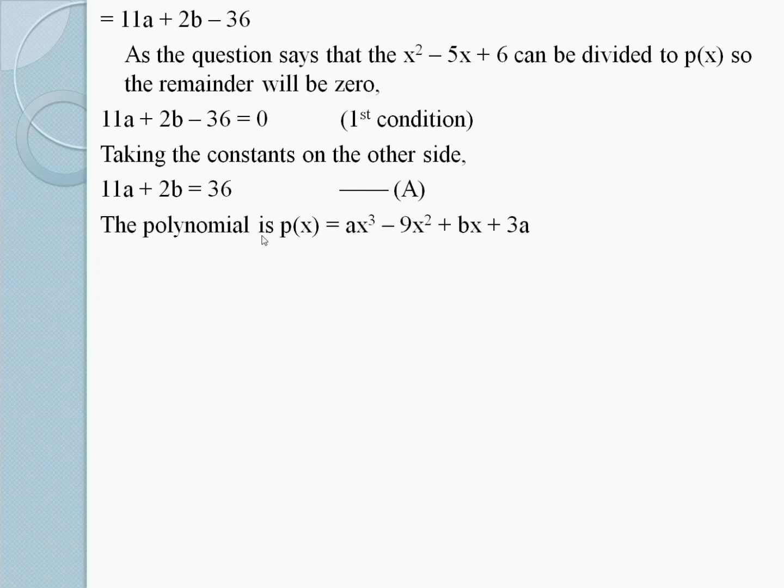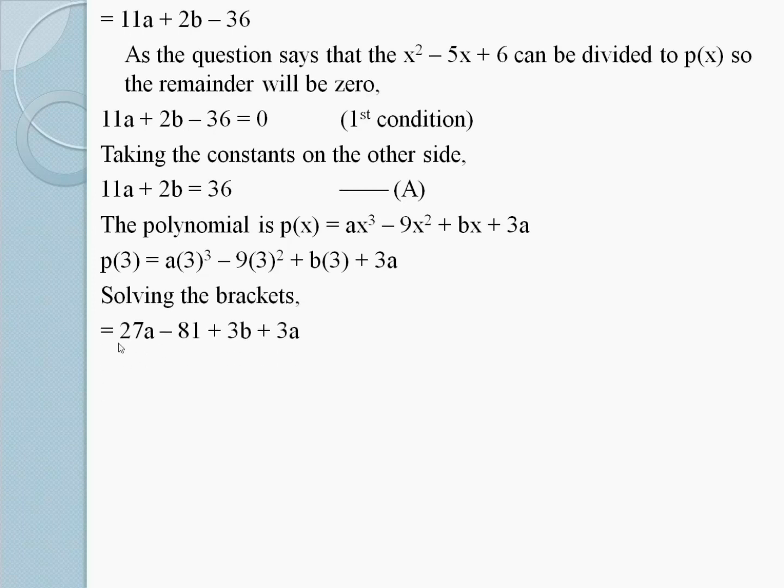The polynomial is p of x, ax cube minus 9x square plus bx plus 3a. P of 3 equals a 3 cube minus 9 3 raised to power square plus b3 plus 3a. Solving the brackets, 27a minus 81 plus 3b plus 3a.